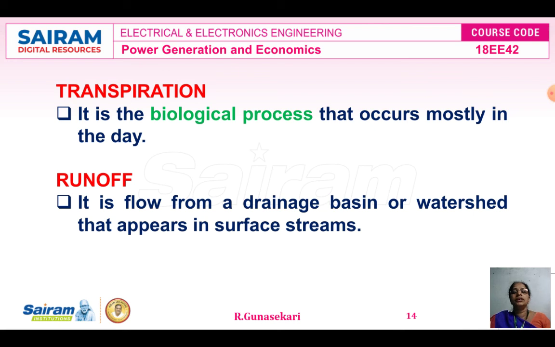Dear students, once again I recall the technical terms which are used in the hydroelectric power plant: hydrology, runoff, stream flow, hydrograph, flow duration curve, mass curve, reservoir capacity, dam storage, hydrological cycle.